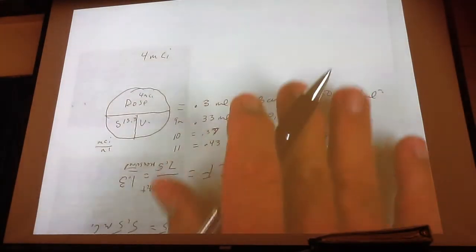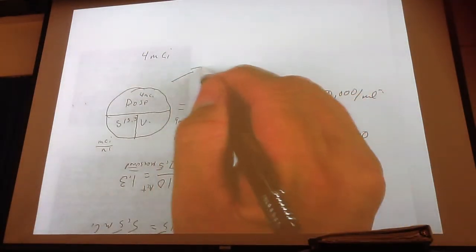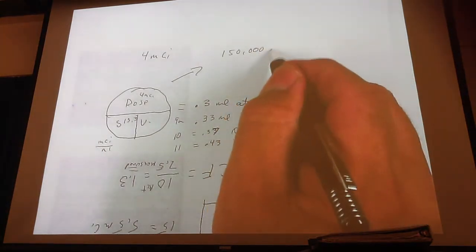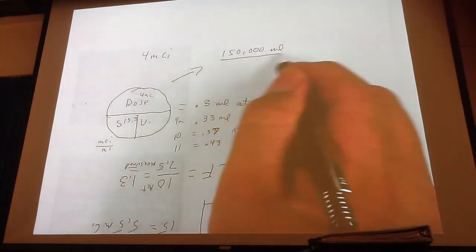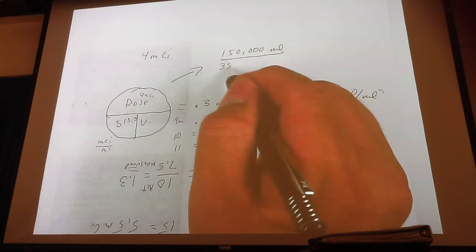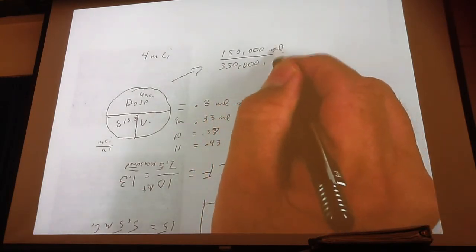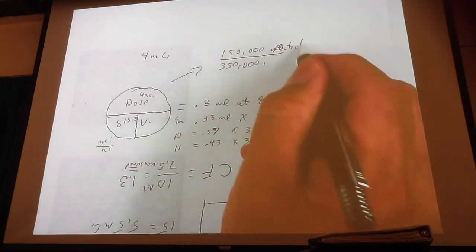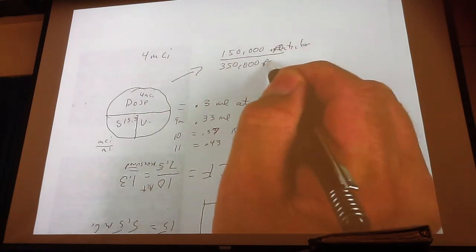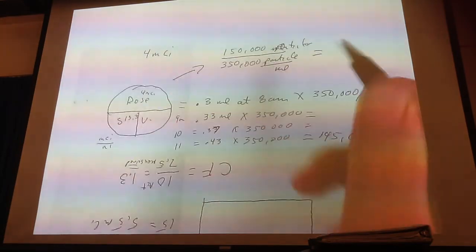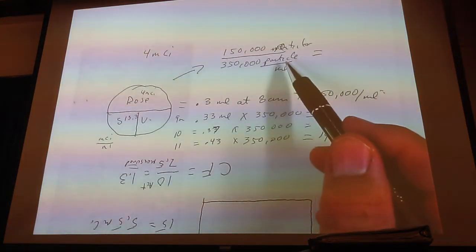The other way you could do it, to calculate the actual ml that you need, if you had 150,000 particles per ml, and you divide it by 350,000, this will tell you the maximum volume that you can inject.